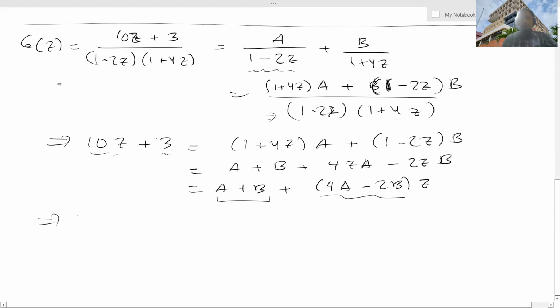That means we have A plus B is 3 and also 4A minus 2B is 10.